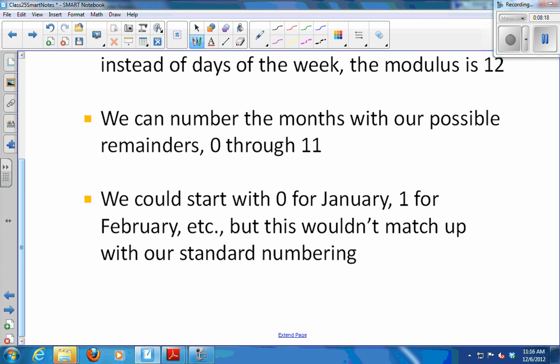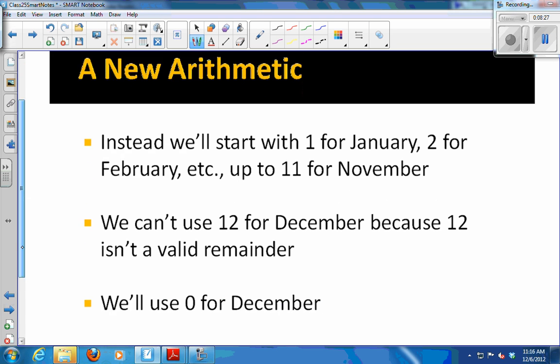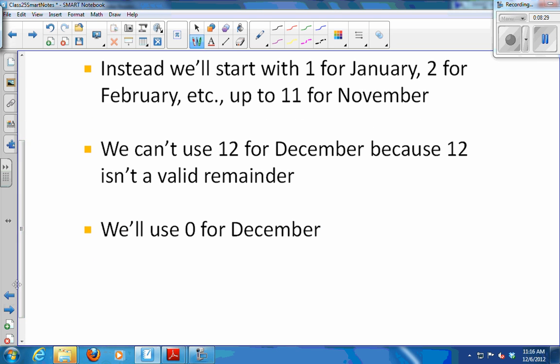But this would get weird for us because we're so used to having January be 1. So let's call January 1 and February 2 up to 11 for November. But we can't use 12 for December because 12 isn't one of our possible remainders. You can only have 0 through 11. So we'll use 0 for December.